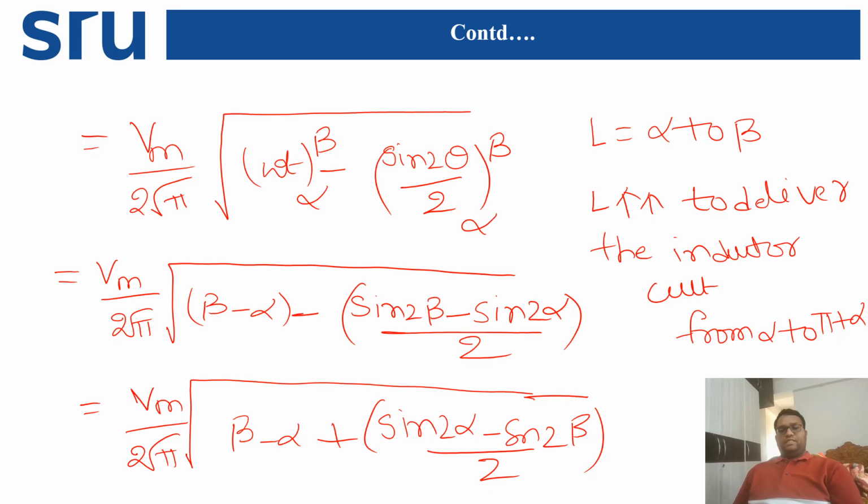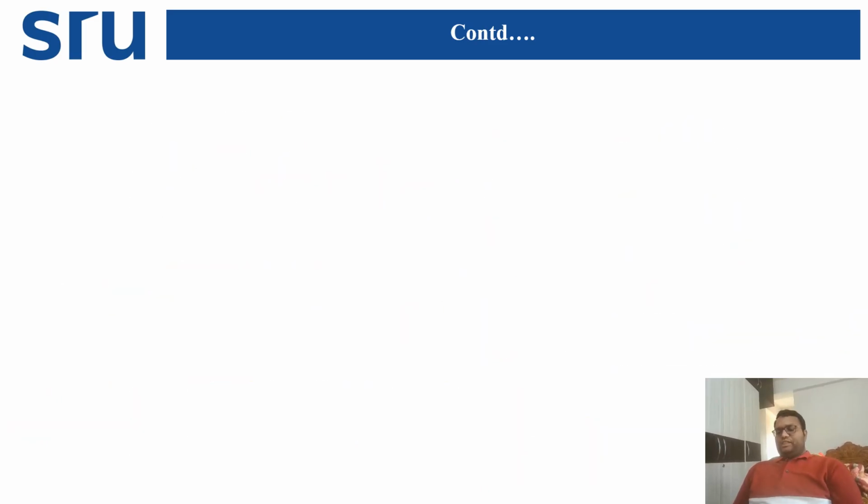Then V naught RMS, V average, everything will change. Now we will see how the output voltage, average output current, average output voltage, and RMS output voltage change. Now suppose the inductor delivers the energy from alpha to pi plus alpha. Then what is the average output voltage value? We'll see now.